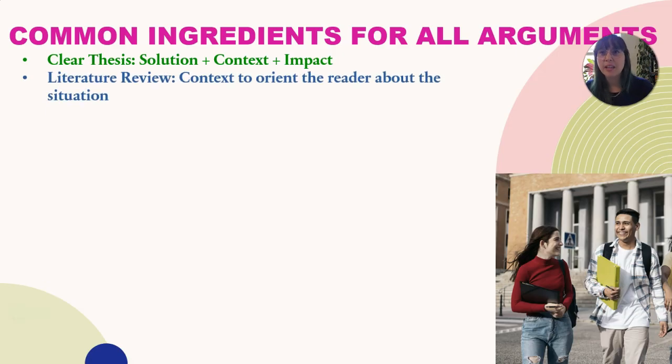Often we see a literature review, and this is just an academic phrase that means a summary of our research. So a lot of us, when we were looking at academic articles for Project 2, may have noticed that before we go into the study or the argument or the research itself, we have a little summary, like a little history report of what the topic is all about so far.